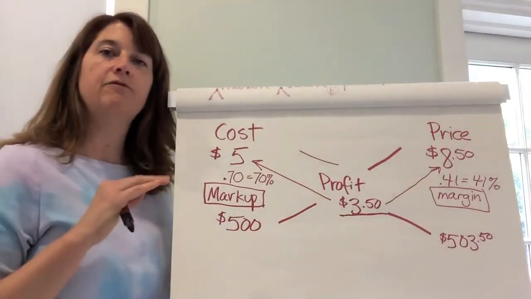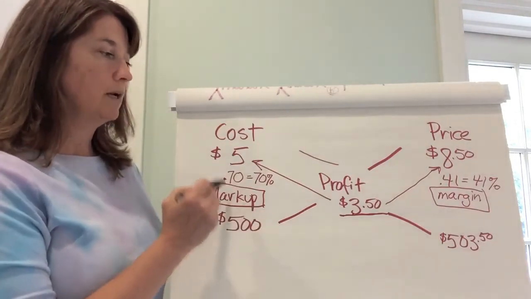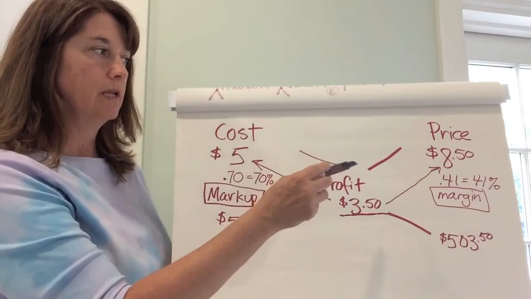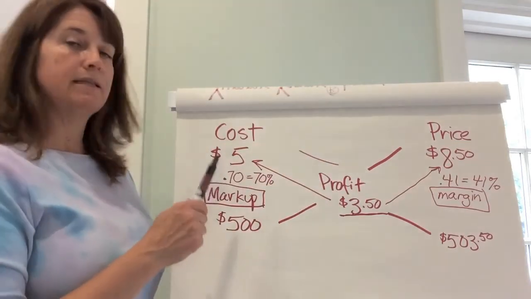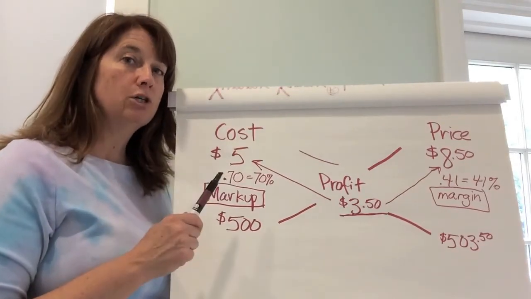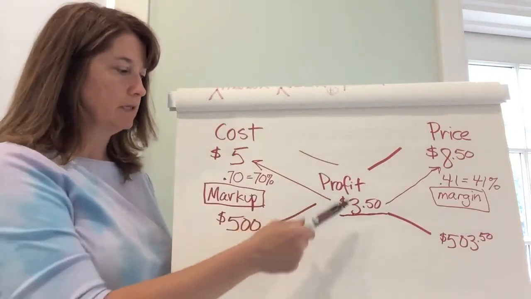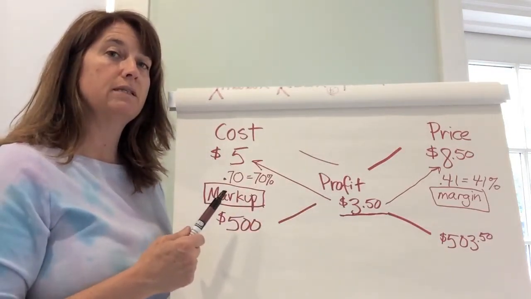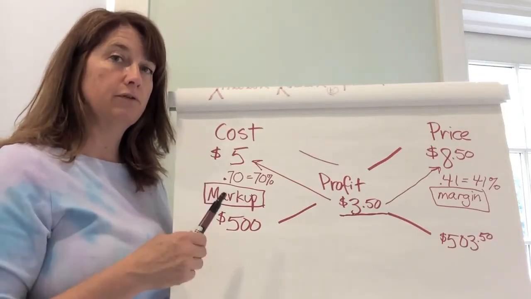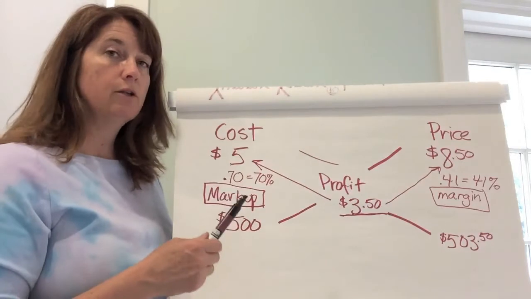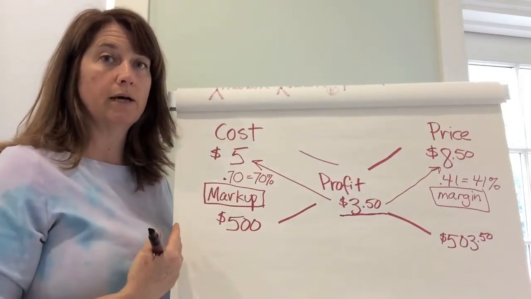So that's the very, very simple and essential difference between a markup and a margin. If you think you are running your business on a 70% margin, which would earn you much more money in profit dollars, and you're really running your business at a 70% markup, that is a world of difference in your profit. One or the other isn't necessarily right or wrong, but you'll be confused in calculating your pricing.